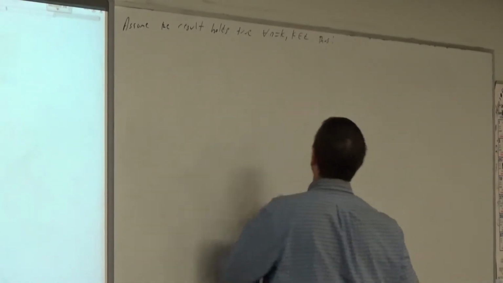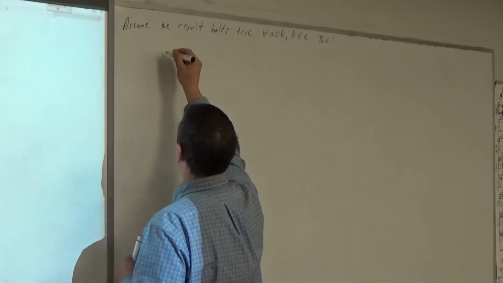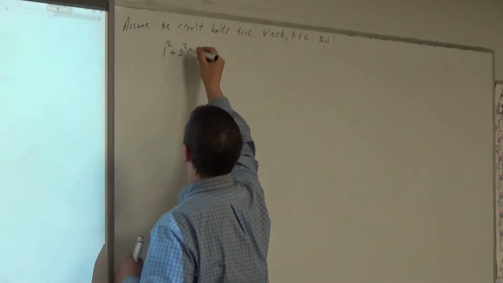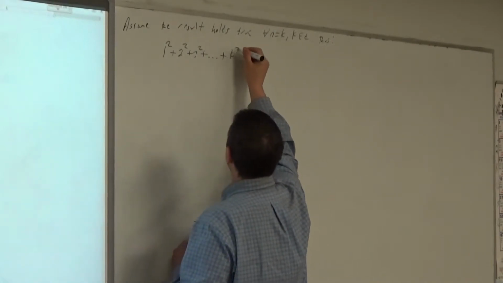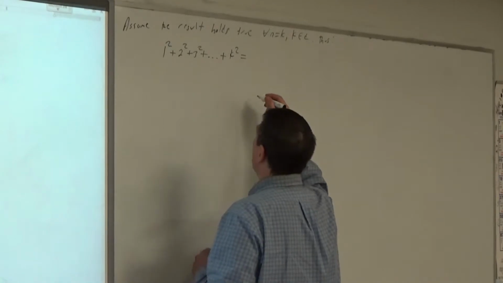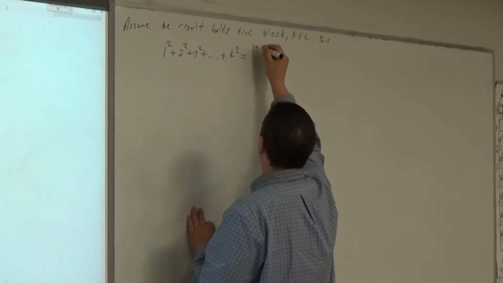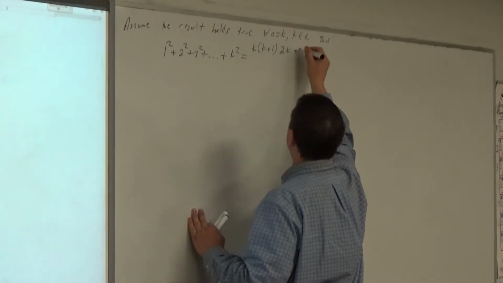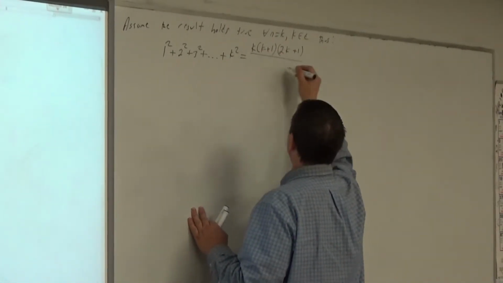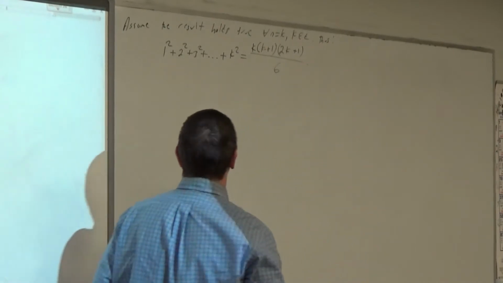Thus, the sum of the first k perfect squares, so 1 squared plus 2 squared plus 3 squared plus ... plus k squared, is going to be equal to k times (k plus 1) times (2k plus 1), divided by 6. Now, that's an assumption. We don't know that for sure, but we can't find a counterexample. So let me give you guys a minute to copy that all down.